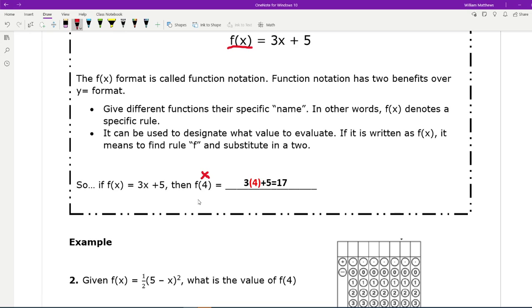Now when we do this, we need to be careful. We need to show that we're doing the same operation. So this is 3 times x. In this case, I need to show 3 times 4 plus 5, which ends up equal to 17.